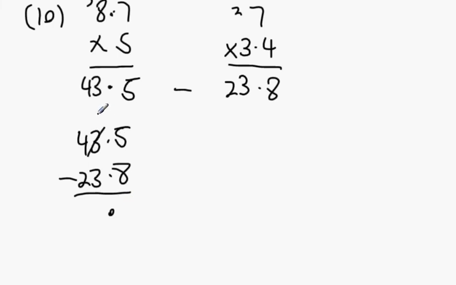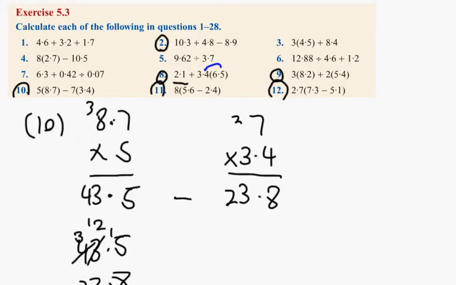So you borrow. 3 take away from 2. 12 take away 3 is 9. 3 minus 2. 1. 19.7. Well done, guys. Next one.